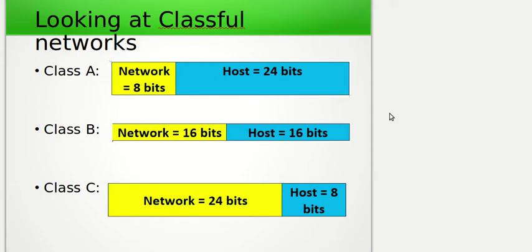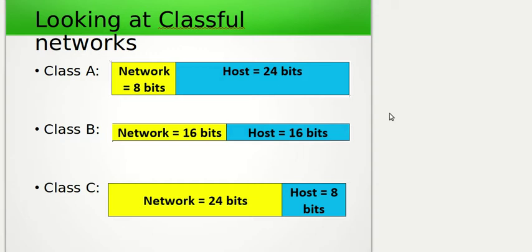Now let's look at class A networks. And it's important to understand how class A networks are broken down to understand then how we can subnet these class A networks into smaller portions. So with class A networks, 8 bits of the address represent our network part, 24 bits represent our host part.